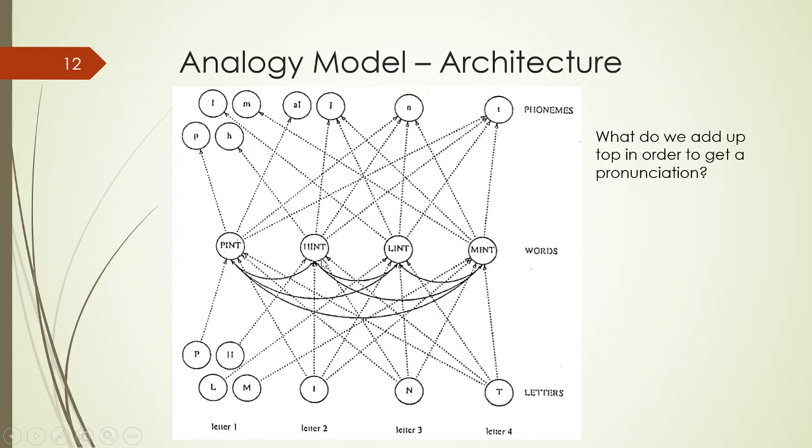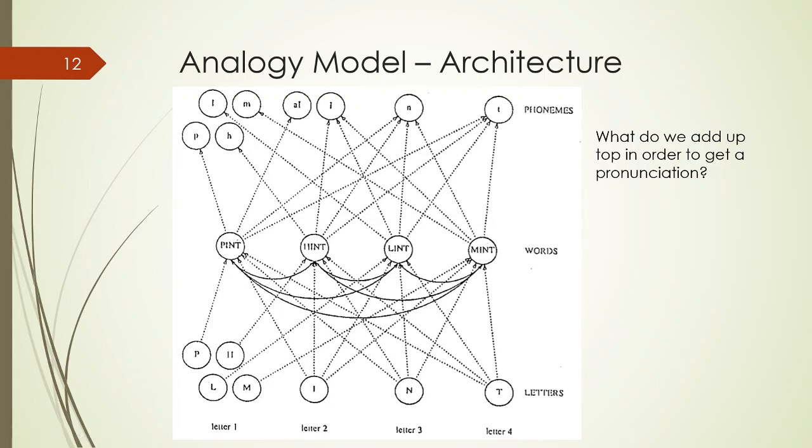Lint will be competing effectively with pint, hint, and mint, and so before long we'll be taking the lion's share of activation at the word level, and lint in turn will be activating the first position L, second position I, third position n, fourth position t. And so over time, you will have clear winning phoneme nodes at each of the four positions corresponding to lint.